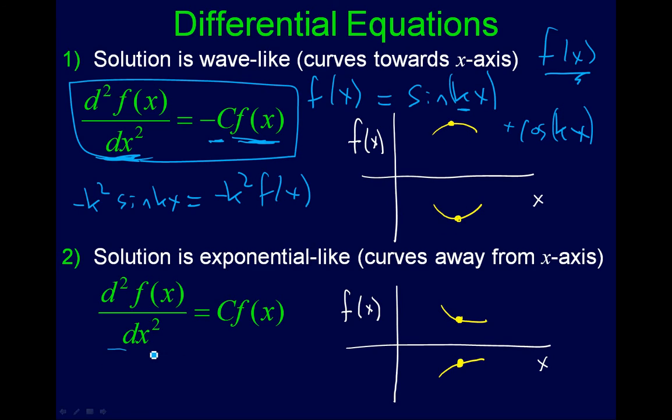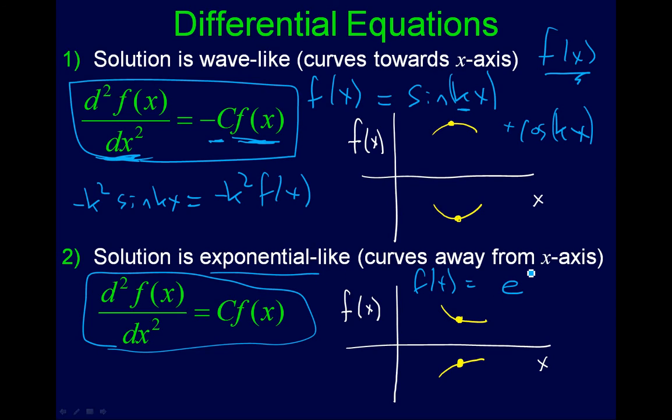Now over here, we have a similar one, but without the negative sign. And so here, this solution will be exponential-like. So for instance, if I pick e to the kx. Again, we want some function where if I take two derivatives, I get the function back times a constant.